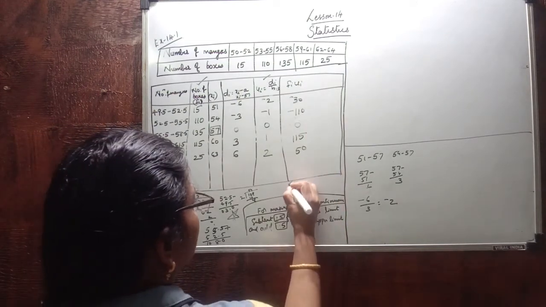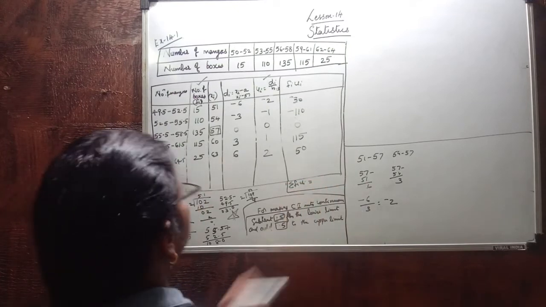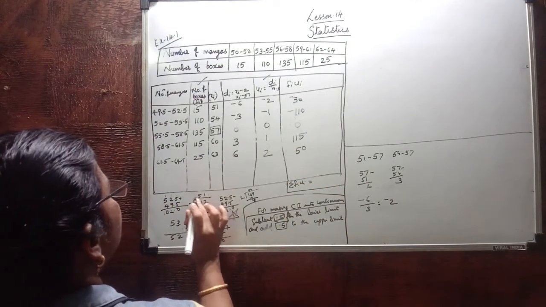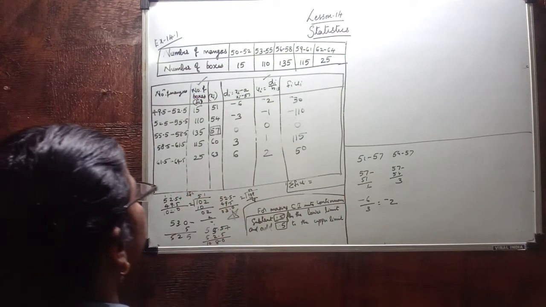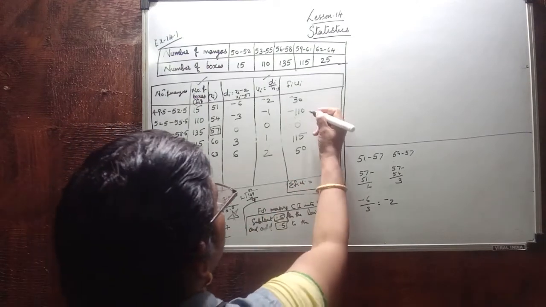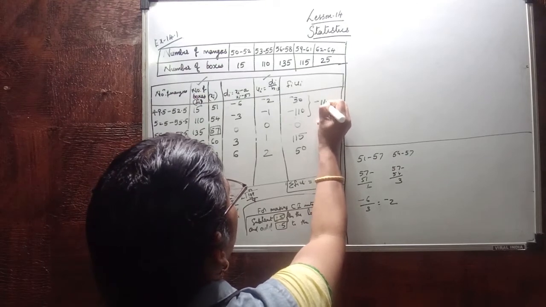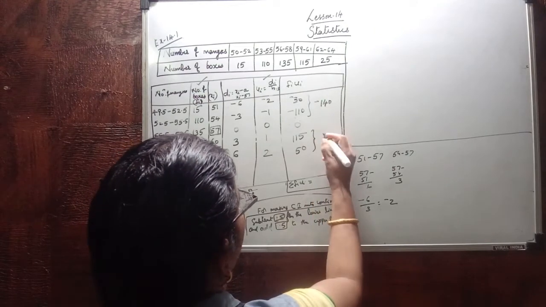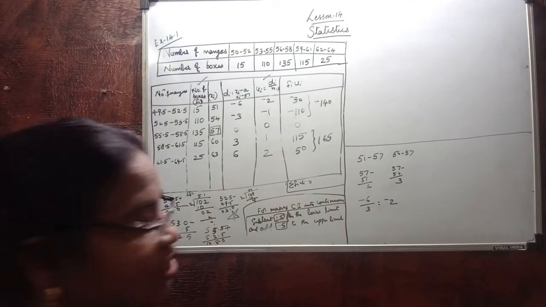Now you have to find out sigma fi ui. Here is sigma fi, you have to find out. Sigma fi ui: here it is negative 140 you will get, here you will get 165.